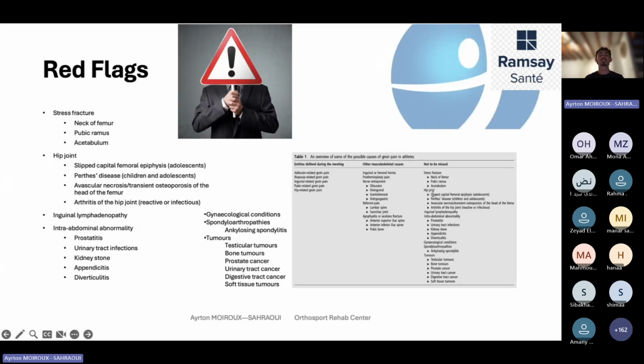The presence of systemic symptoms such as fever, weight loss, or fatigue should prompt further investigations. It is essential to identify these red flags during the initial assessment to ensure that serious underlying conditions are not overlooked.